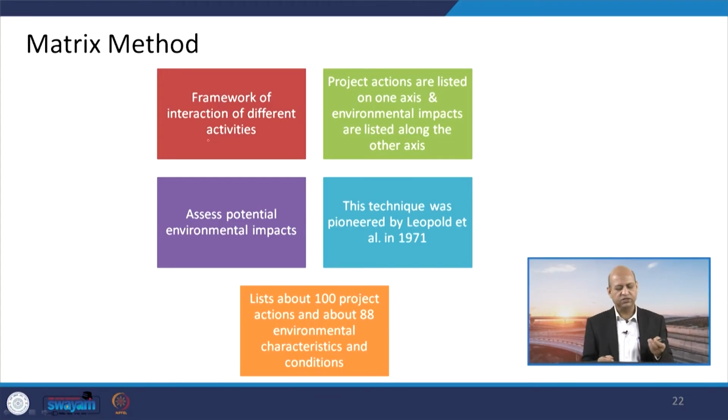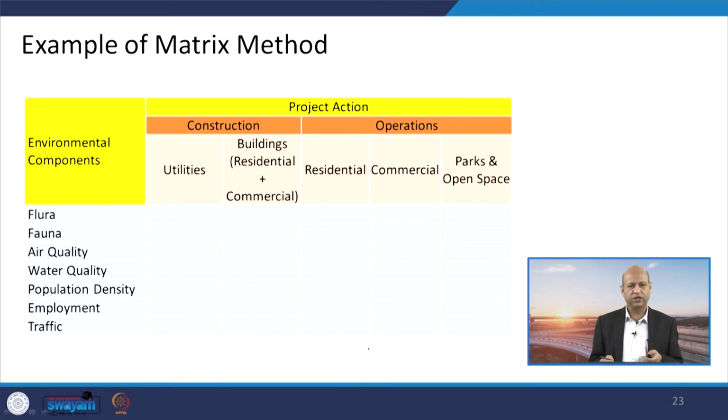Then potential environmental impacts are assessed according to that matrix, and this technique was of course developed in '71, and for different projects it has been widely used, and different characteristics of the environment are assessed by this matrix method.